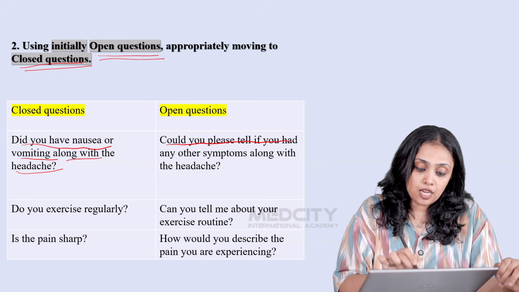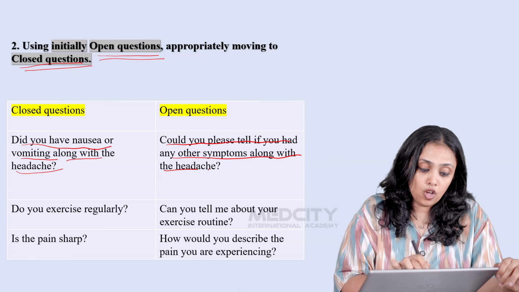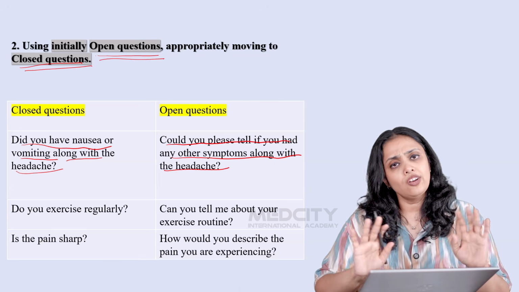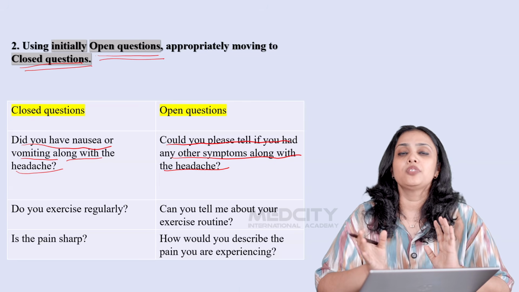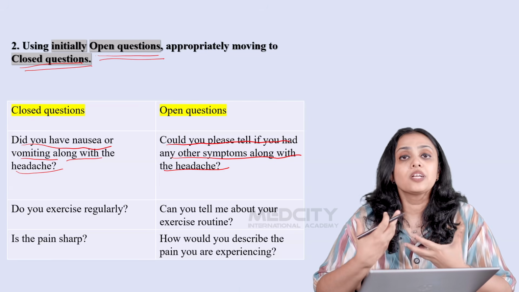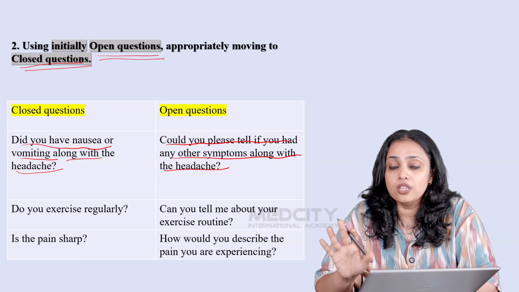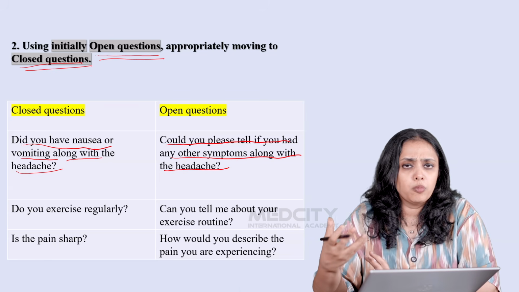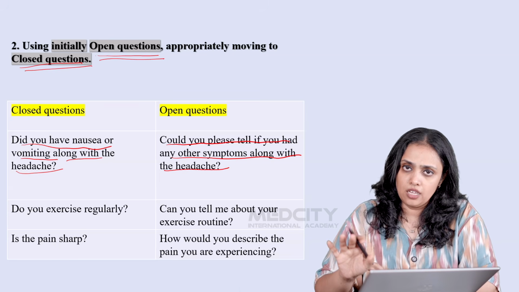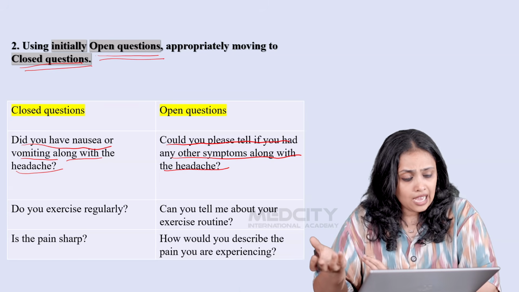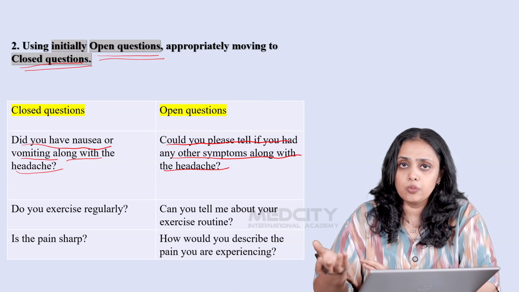Could you please tell me if you had any other symptoms along with the headache? So you're giving that freedom to the patient to express himself completely. You're asking what other symptoms you noticed along with the headache. So if the patient had nausea or vomiting, definitely he would say that.